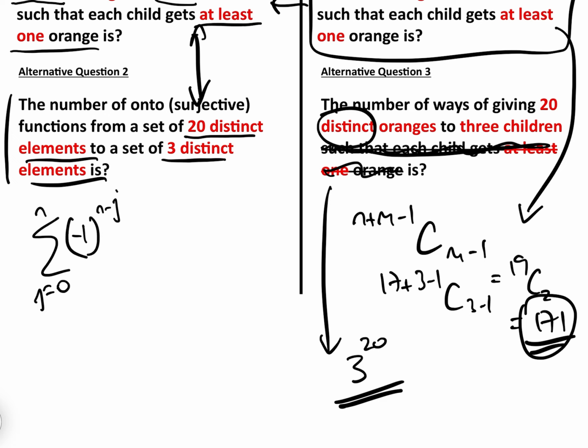The sum of minus 1 to the n minus j, nCj, j to the m, where m is 20 and n is 3, because there's 20 distinct oranges and there are 3 distinct children.